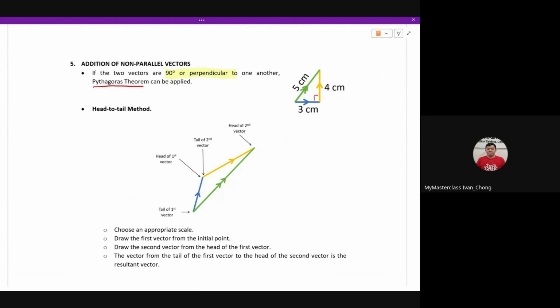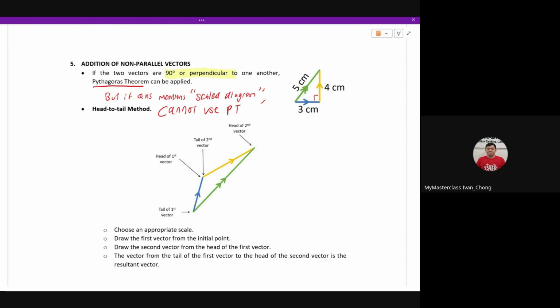But if the question mentions a skewed diagram, then you cannot use Pythagoras theorem.